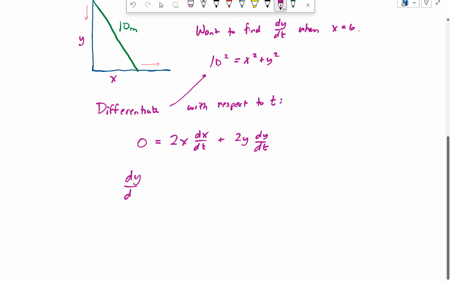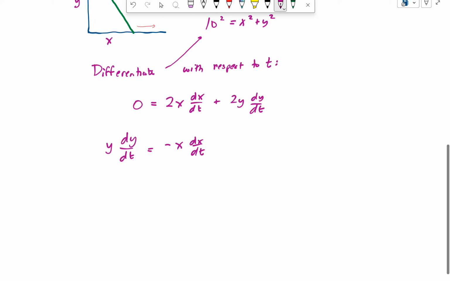We isolate, and I'm going to have y dy/dt is equal to negative x dx/dt. Notice we've canceled out that 2. So that means dy/dt is given by negative x over y times dx/dt.